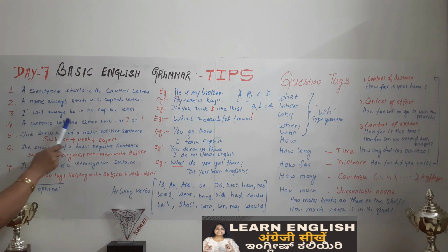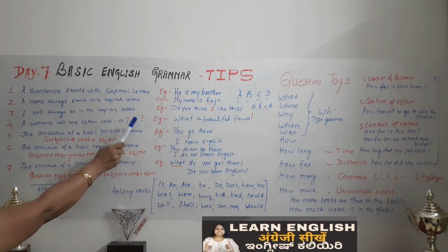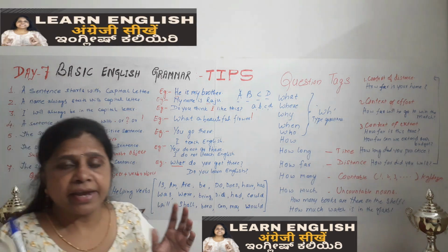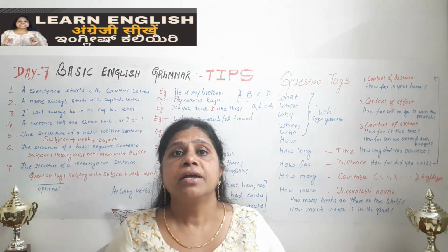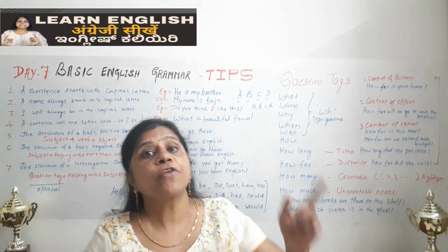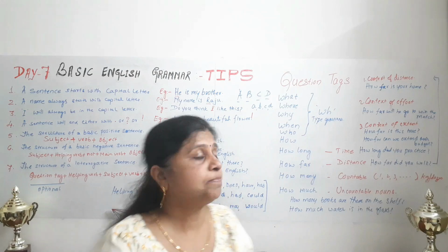And the fourth tip. A sentence will end either with a full stop or a question mark or an exclamation mark. So any sentence should end either with a full stop or with a question mark or with an exclamation symbol.